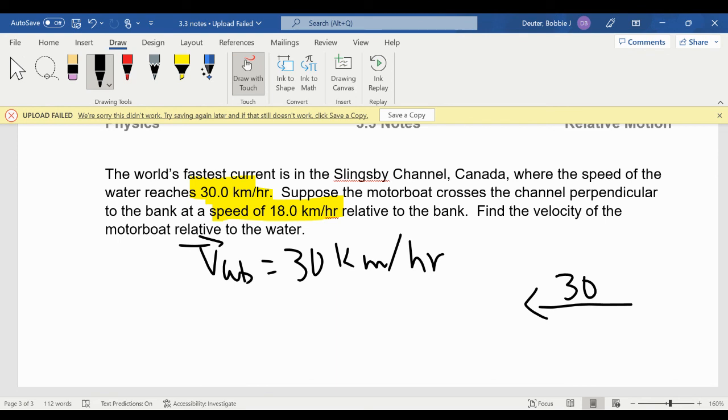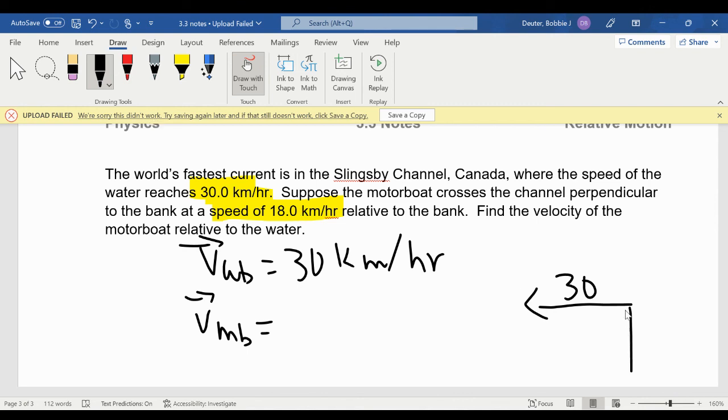And we know that the motorboat is moving perpendicular. So we get the velocity of our, I'm going to put MB for motorboat. Again, these subscripts can be whatever you remember them to be. So we got the motorboat's velocity, and that's moving perpendicular. So we know it's moving in this direction.